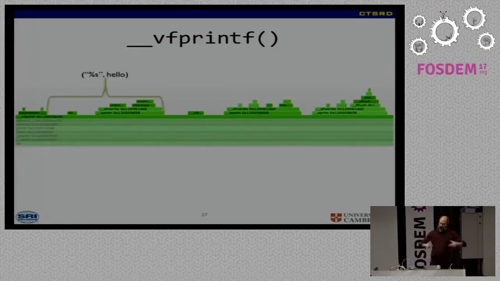So the way this code works is it loops through the string looking for formats. So at the beginning we have a %s, so it finds a percent sign, and then parses the format and says, oh, simple, I got a type, so I've got a string here. So that's quite straightforward.